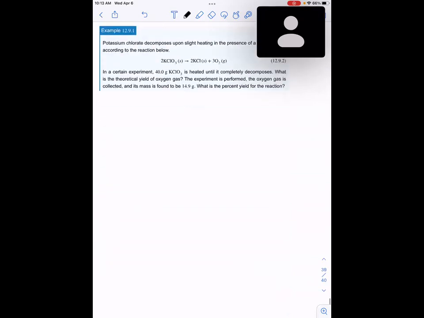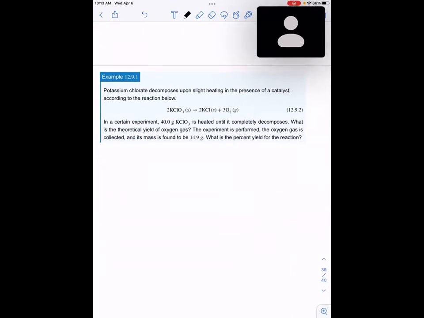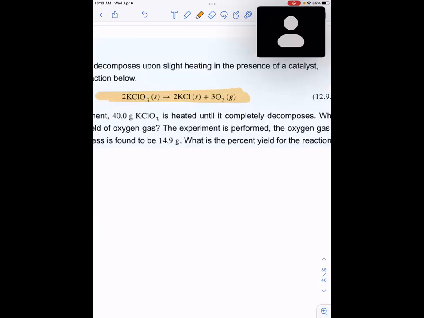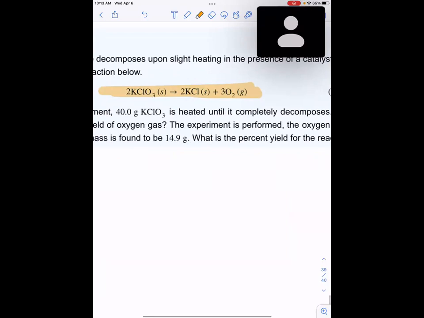All right, so here we go. Here's an example. You have this equation, which is already balanced. Potassium chlorate is going to decompose to give you KCl, potassium chloride, and oxygen. It's already balanced, so what are we looking for here?